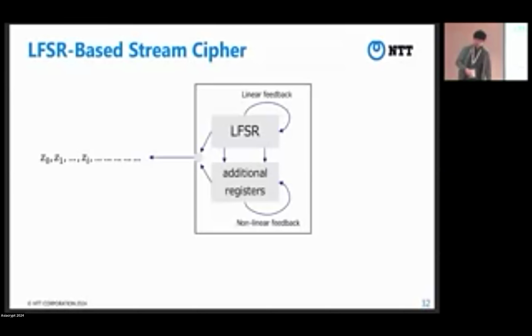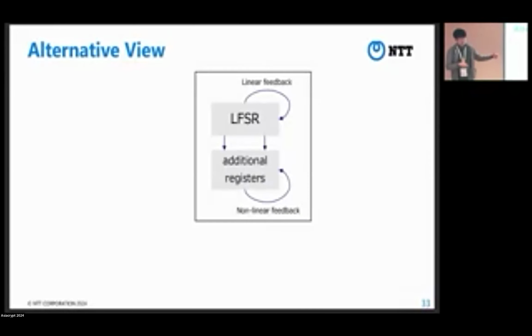And next, I'd like to review very basic things about fast correlation attacks. There are many variants of fast correlation attacks, but here I'd like to focus on a very basic variant. First of all, I'd like to introduce an alternative view of this cipher.